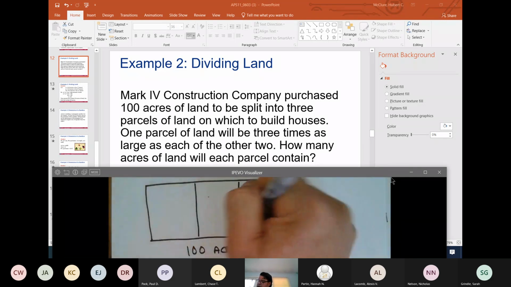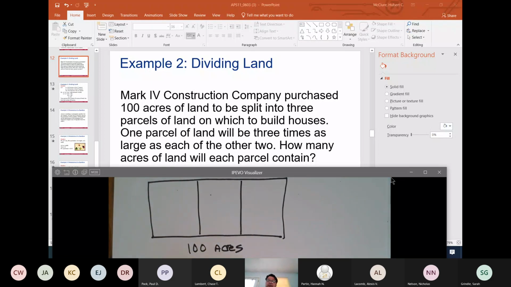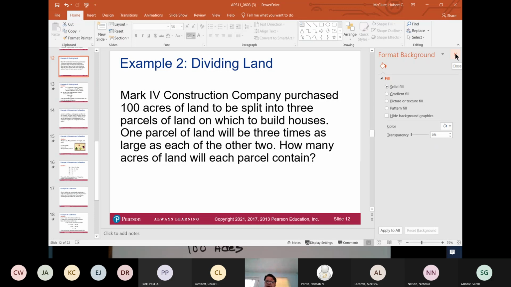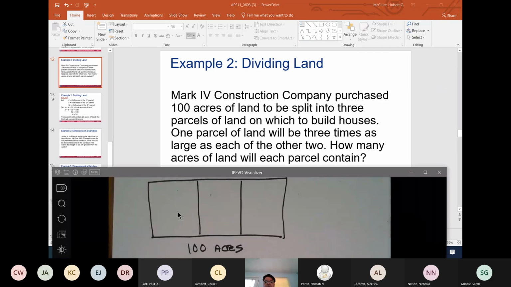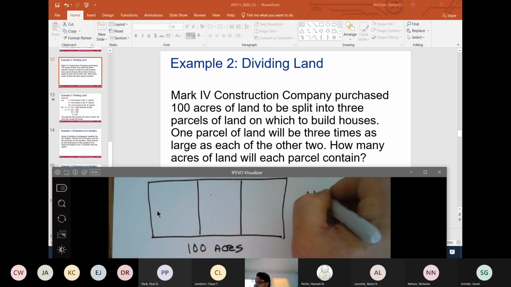Now, the main thing in here is don't look at the size and think one is bigger than the other. Don't do that. You're putting your sense of size into the algebra. Don't sit here and go, well, this looks a little bit bigger than these 2. No, don't do that. Put "not to scale."